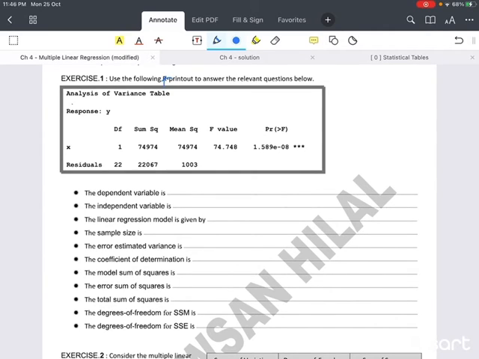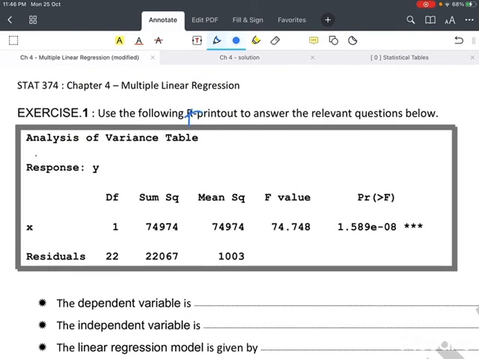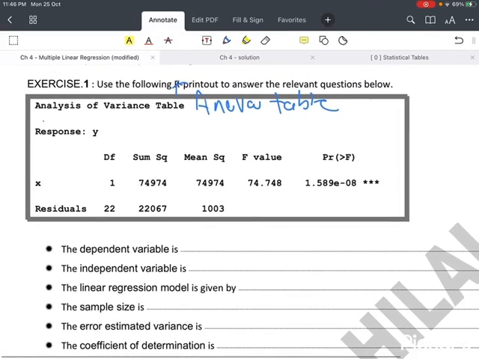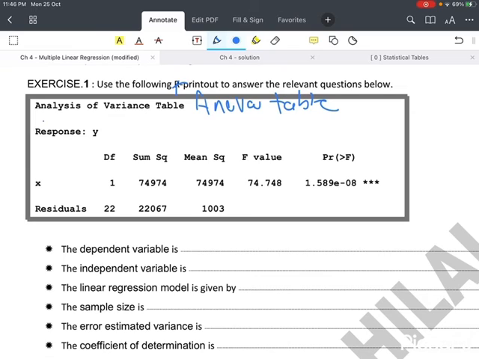So it is an analysis of variance table, so it is an ANOVA table. So you have the response, which is Y. You have the degrees of freedom, sum square, mean square, F value, P value.